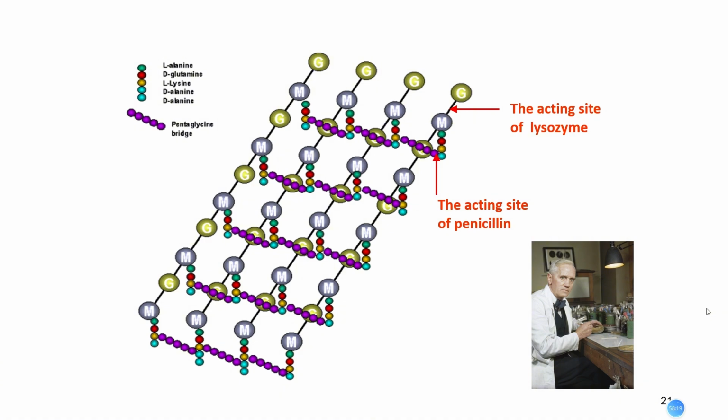If you treat it with lysozyme, an enzyme which can break the saccharide backbone and cut it into pieces, or if you treat it with penicillin, the first antibiotic, whose acting site is here on the cross bridge, both of them can remove the cell wall or inhibit the formation of the cell wall. So it will form a cell without a cell wall, which we call L-form.